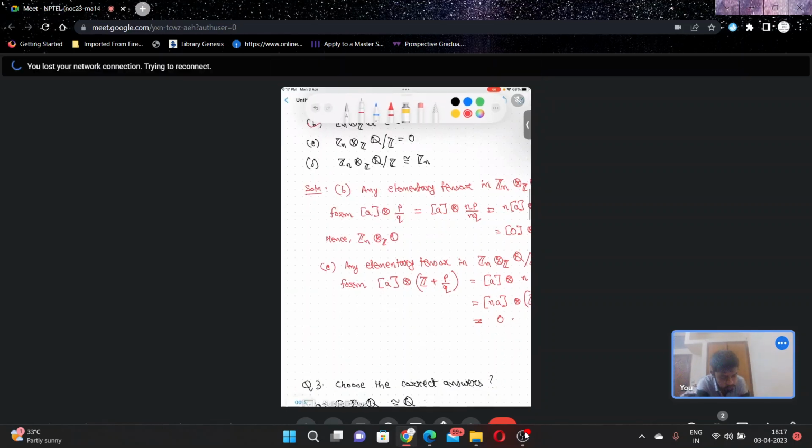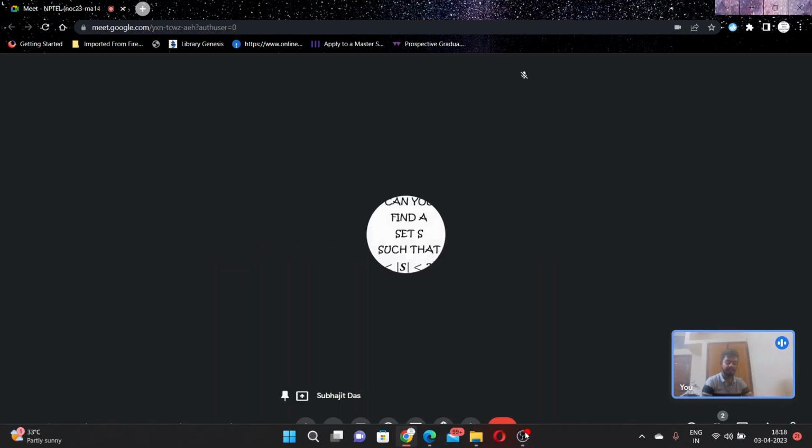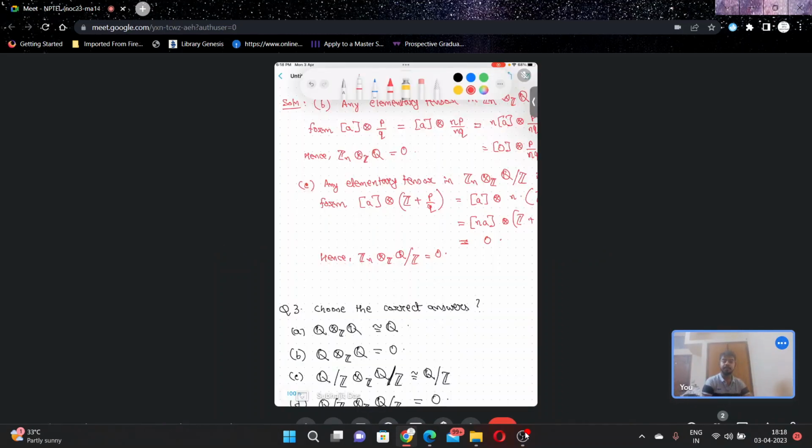is 0. So the interesting thing happening here is the fact that Zn is a torsion Z module, right? That is, every element is a torsion element, that is, every element is annihilated by some non-zero element, right?